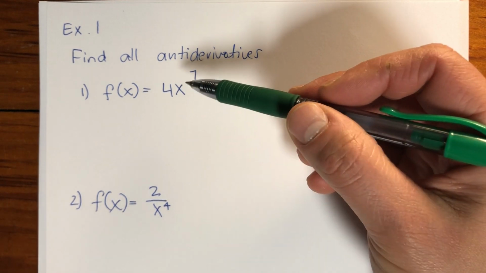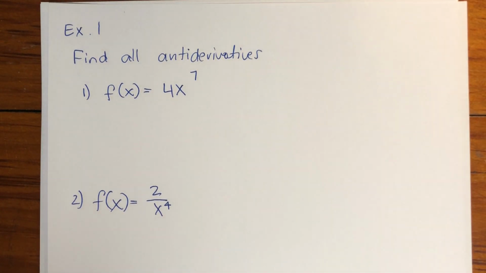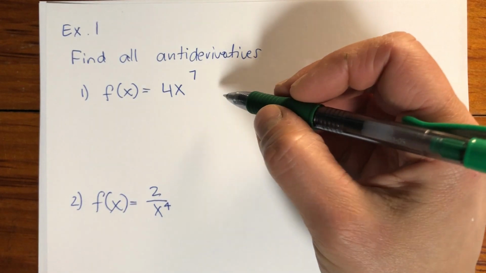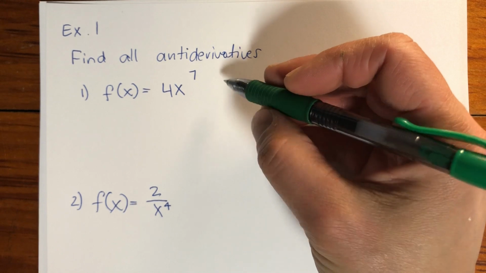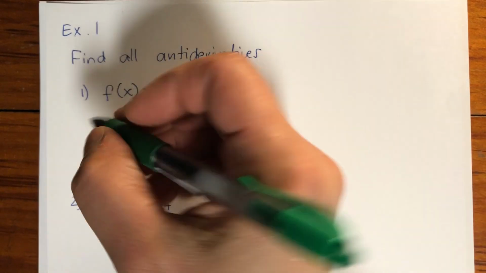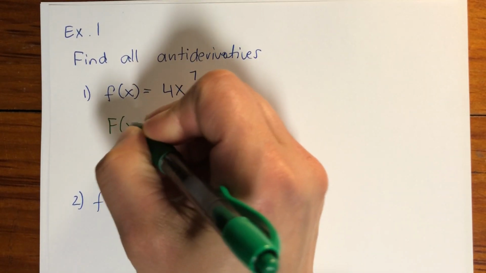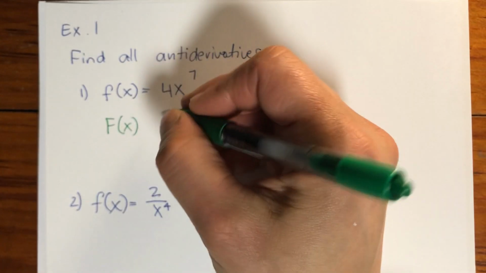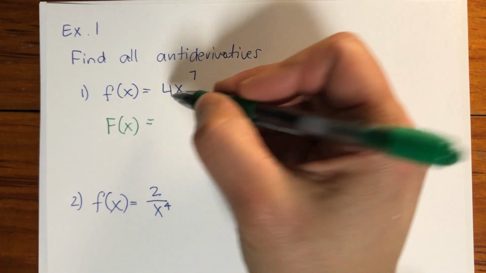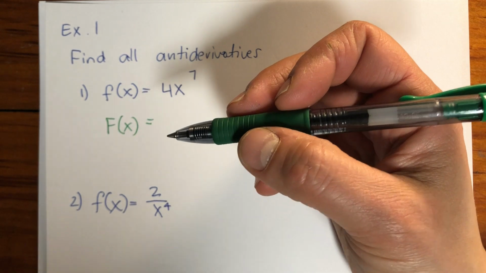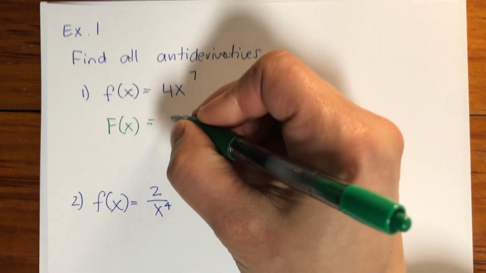So I see that I have my original equation, and I am going to use the second formula, constant multiple. So the antiderivative, please keep in mind the notation, is going to be whatever the constant is, and that is equivalent to 4.